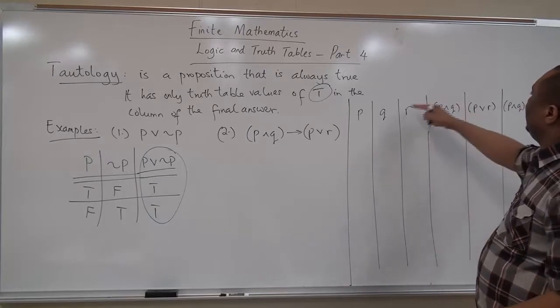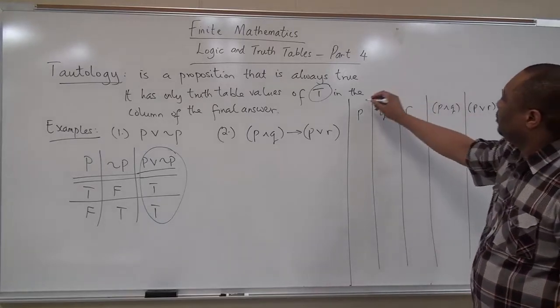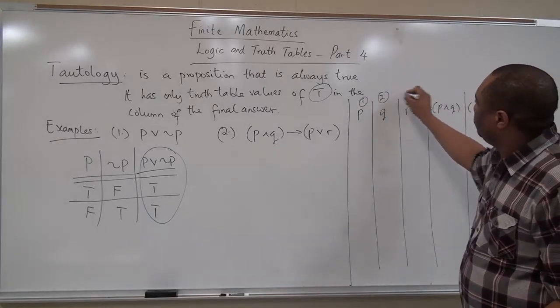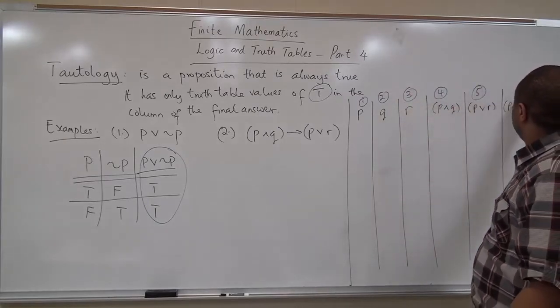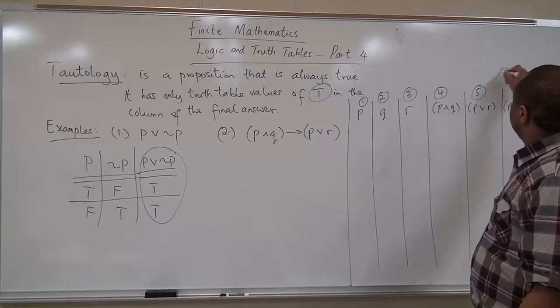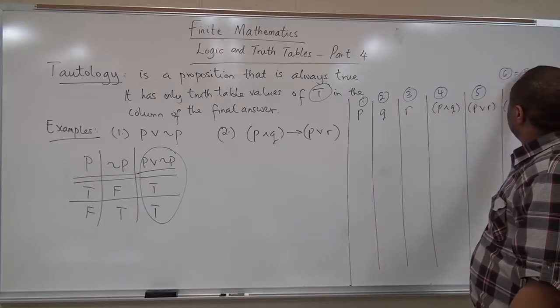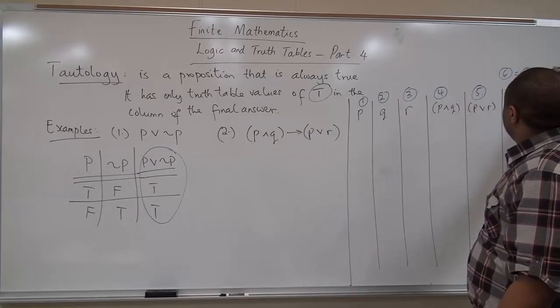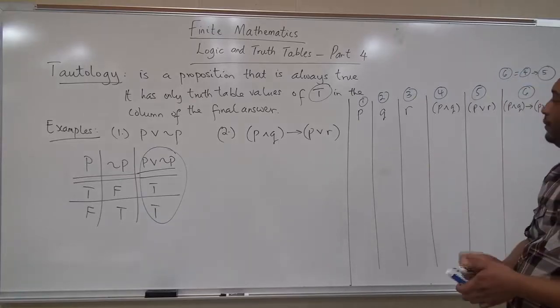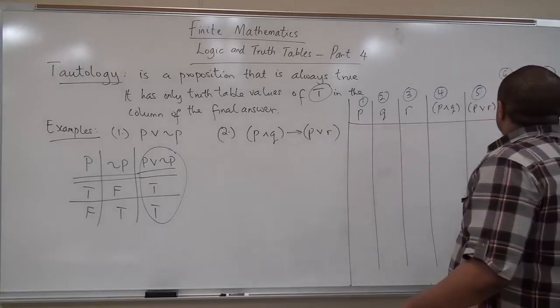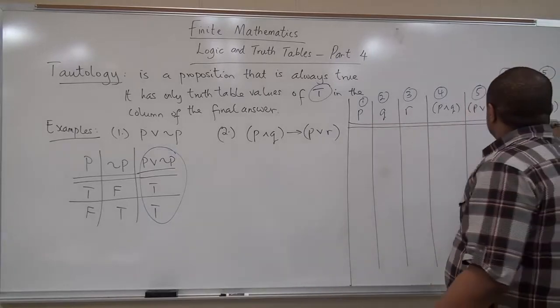This is first column, second column, third column, fourth column, fifth column, sixth column. Now, the sixth column is the fourth column implies the fifth column. Like we did before in a previous video. All right, and I want to use double lines as usual to do mine.